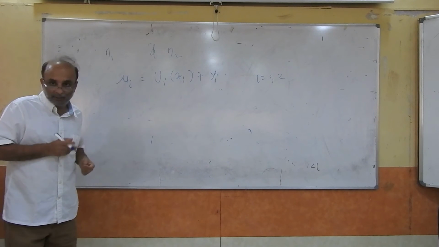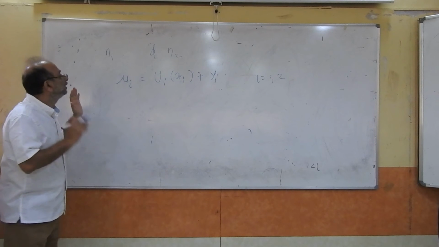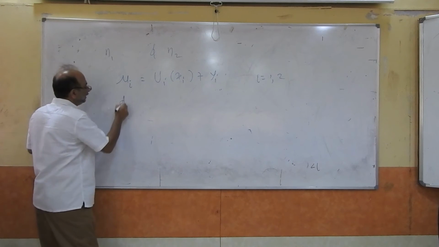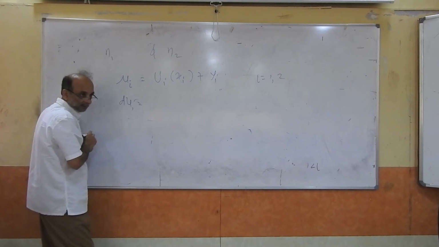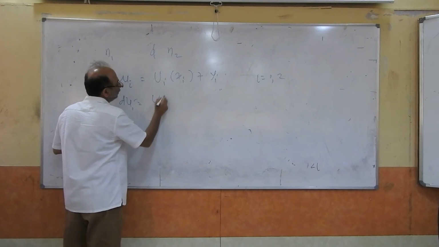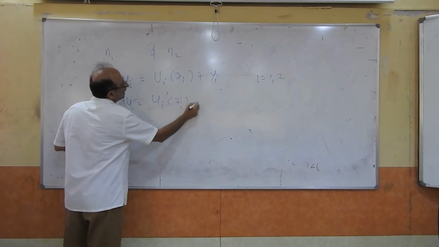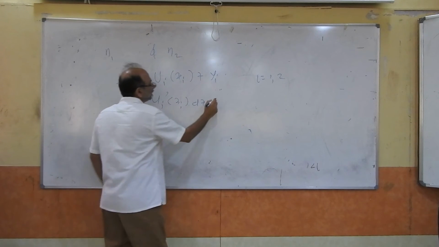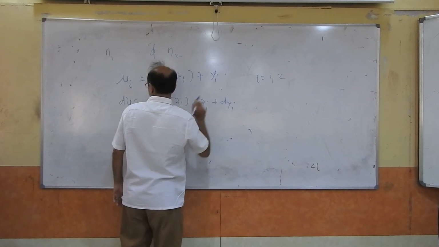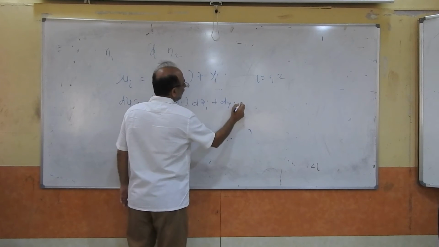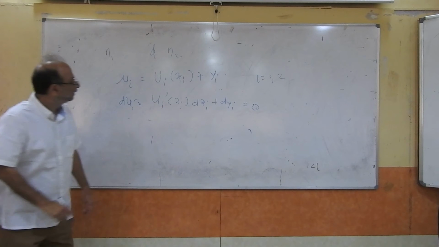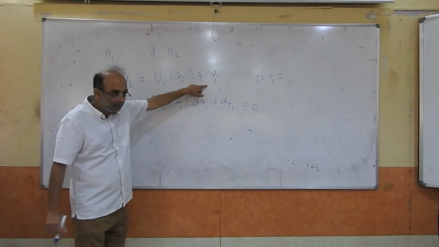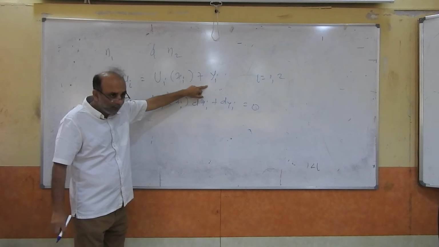How do the indifference curves for this utility function look? The first property: think of dU_i equals U_i'(x_i) dx_i plus dy_i, because the derivative of y with respect to y will be 1.